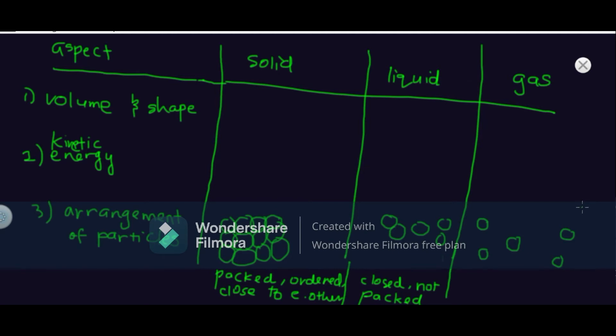Your table is a solid form. It has particles inside, and the particles are closely arranged and packed. But for gas, they are not orderly and far away from each other. So the particles are far away from each other, and so it has random shape.